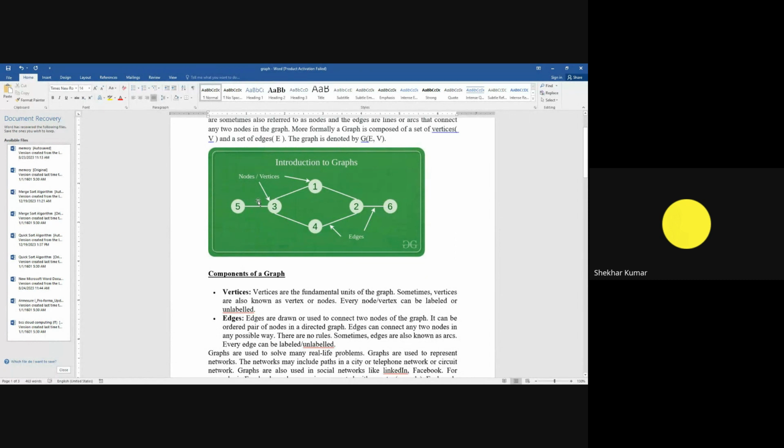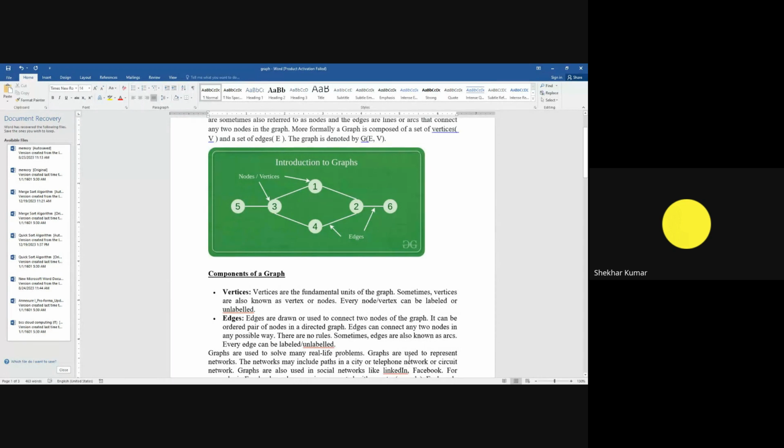Edges are the connections of the nodes, in which we connect two nodes through an edge. So an edge is just a connection. Edges can also be labeled or unlabeled. Each edge may have some weight, or it can be a normal edge also.